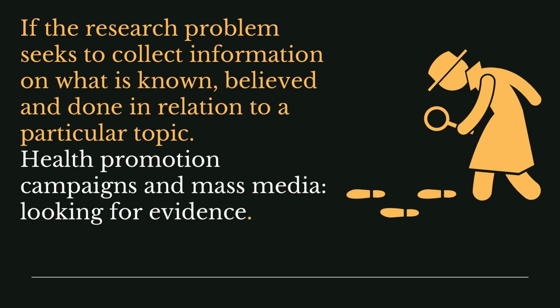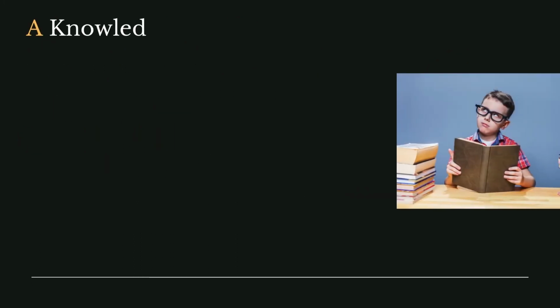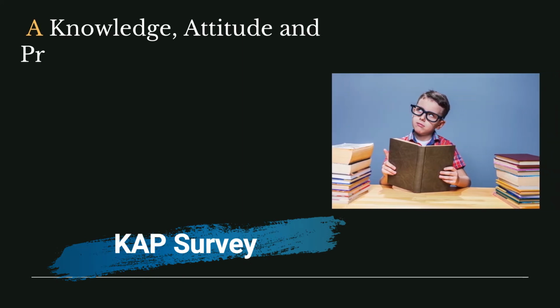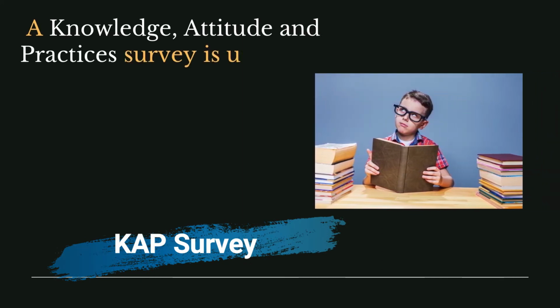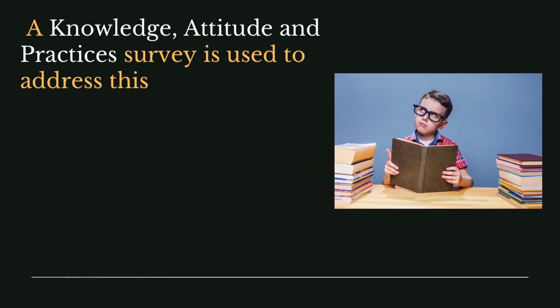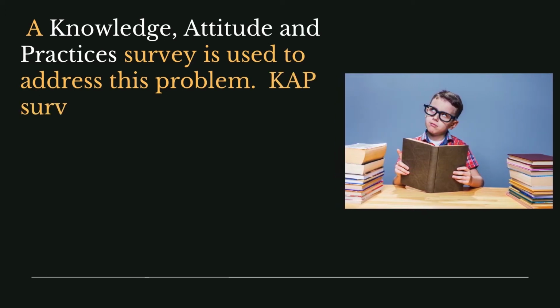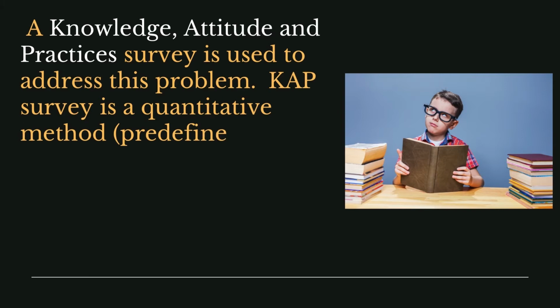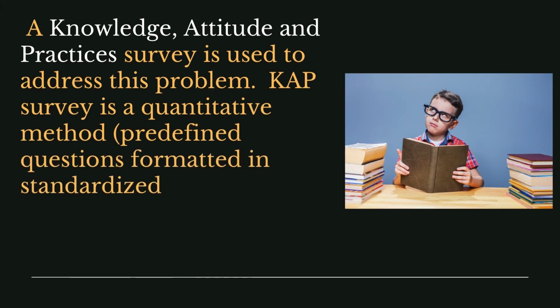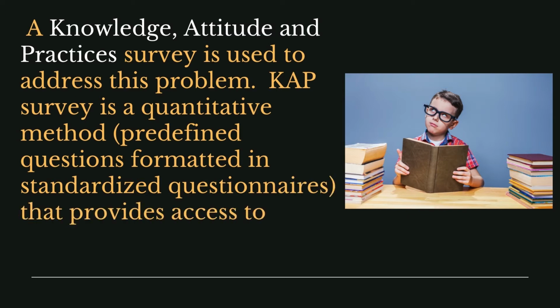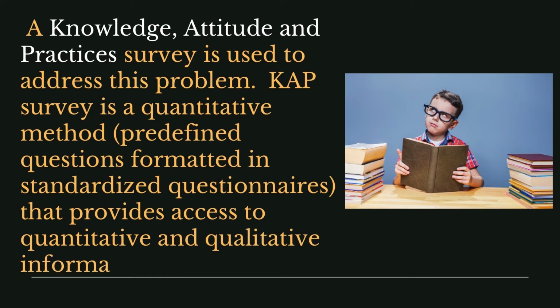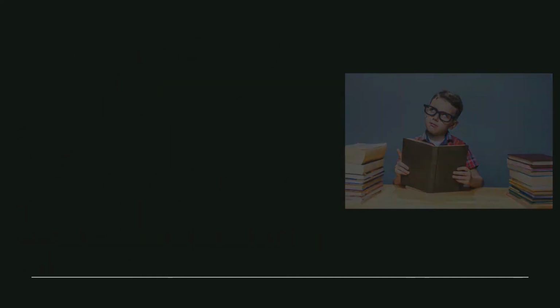We use a specialized survey known as the Knowledge, Attitude and Practices survey to address this problem. The KAP survey, like other surveys, is a quantitative method where we use predefined questions formatted in standardized questionnaires, and this provides access to quantitative and qualitative information, especially regarding knowledge, attitude and practices.